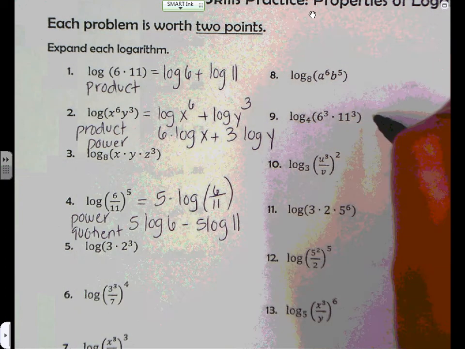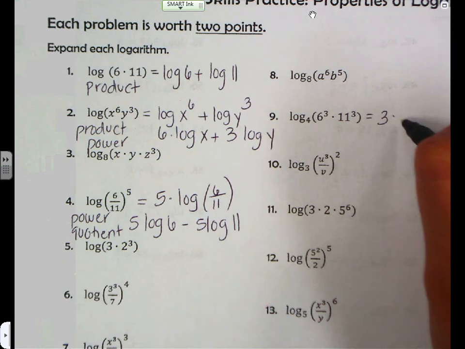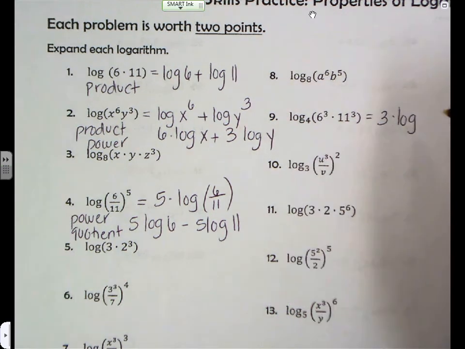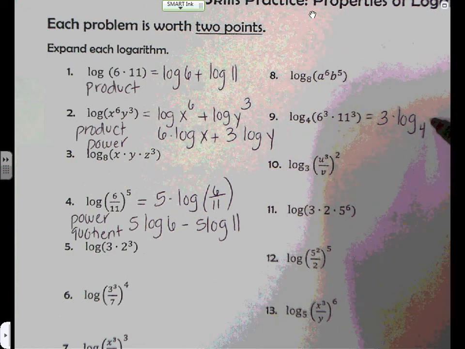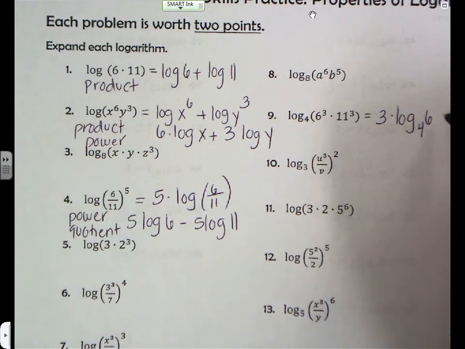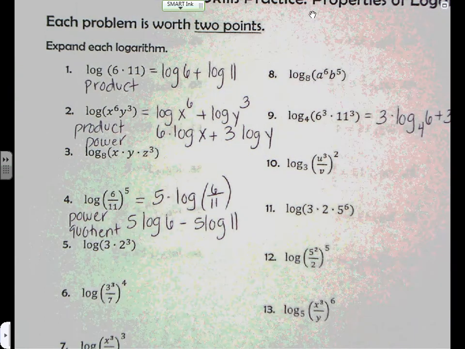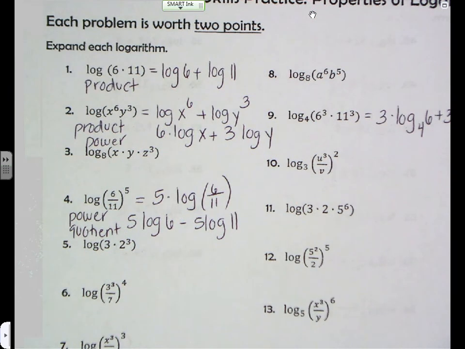So you really have 3 times log base 4 of 6 plus 3 log base 4 of 11. All of the other problems seem to be the same.